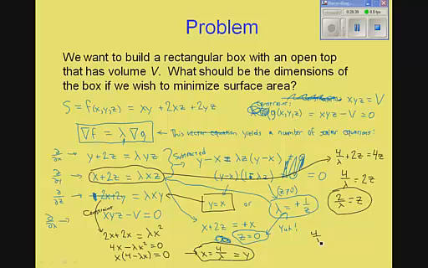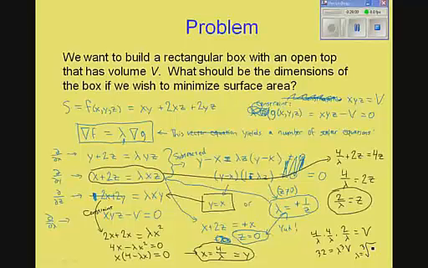You'd say 4 over lambda times 4 over lambda times 2 over lambda has to equal v. And so you get lambda cubed times v equals 4 times 4 times 2, that's 32. So lambda is the cube root of 32 over v, which I think would simplify to the exact same thing you got before.